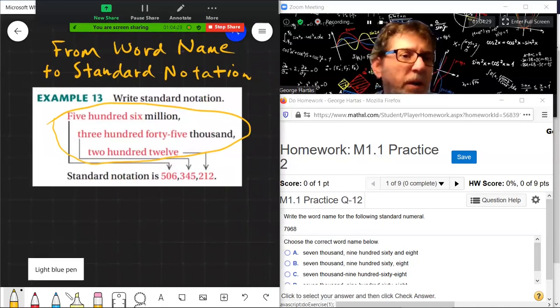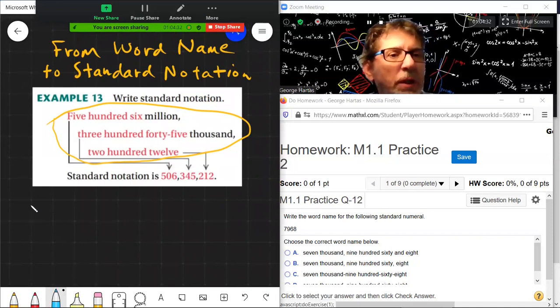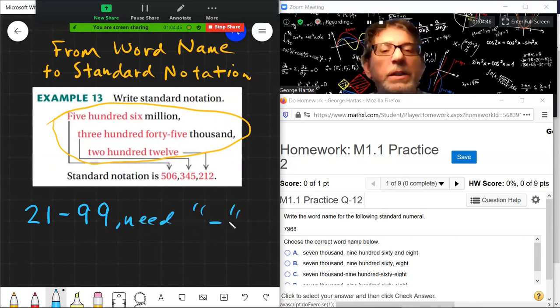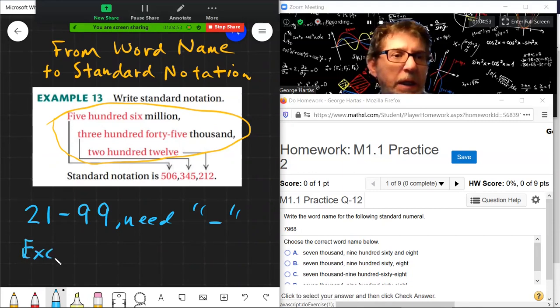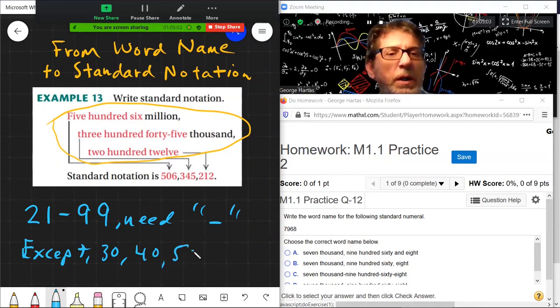If you have a number between 21 and 99, you need a dash between the words, except 30, 40, 50, etc. And the reason is that the words thirty, forty, and fifty are just one word, so there's no reason for a dash.